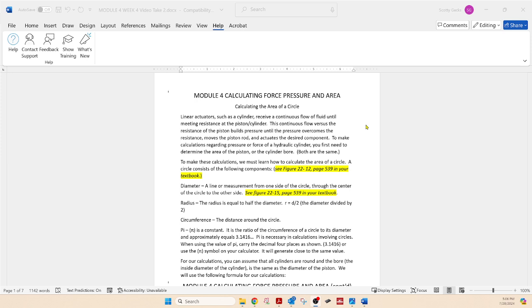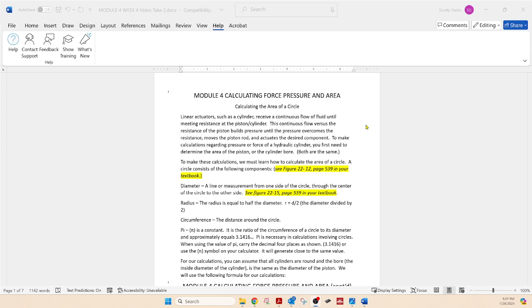To make calculations regarding pressure, however, or force of a hydraulic cylinder, we need to know how to determine the area of the piston or bore, if you will, pretty much the same size. To make these calculations, we need to learn how to calculate the area of a circle because the area is one of the three components in Pascal's law.